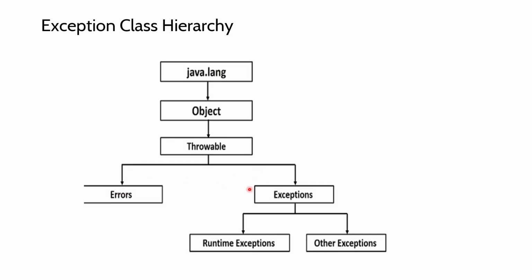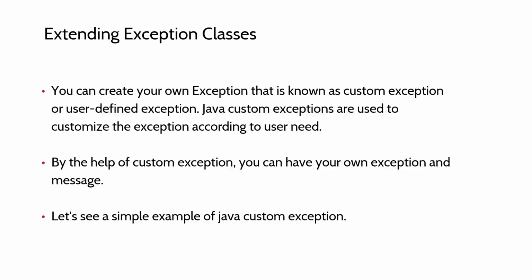We have 2 classes that inherit from throwable. We have errors and exceptions, and just like we talked about on the previous slide, exceptions have runtime exceptions and other exceptions. So we can see the inheritance here for all of these types of exceptions and errors.